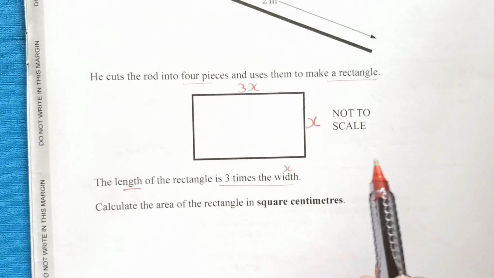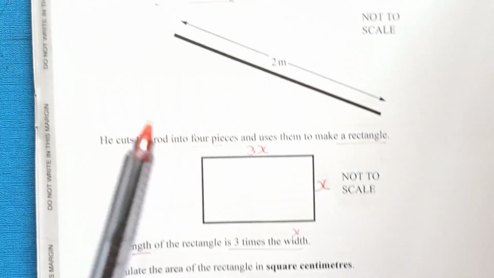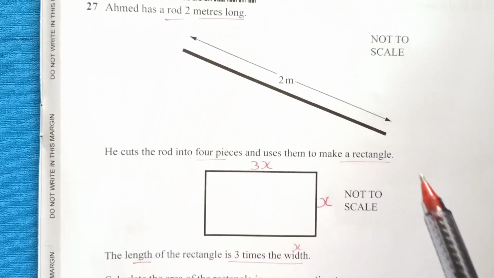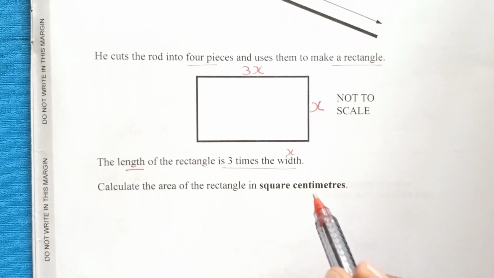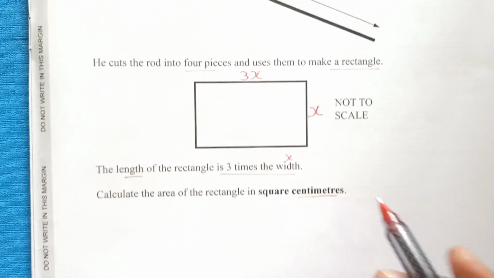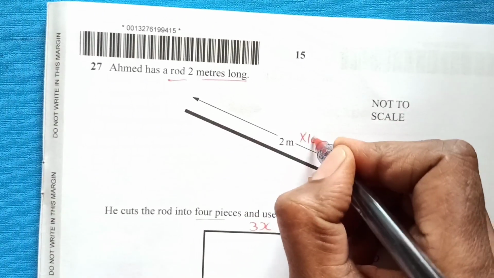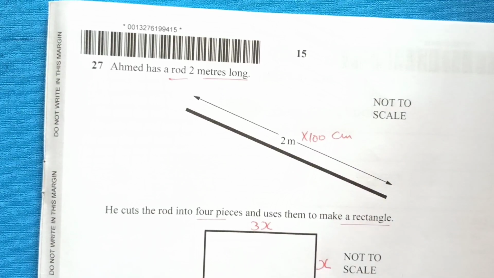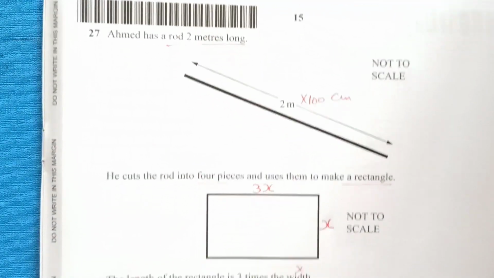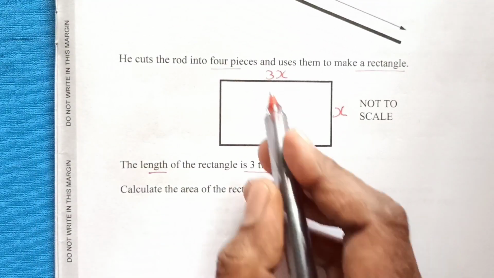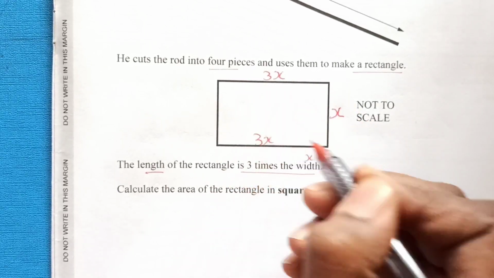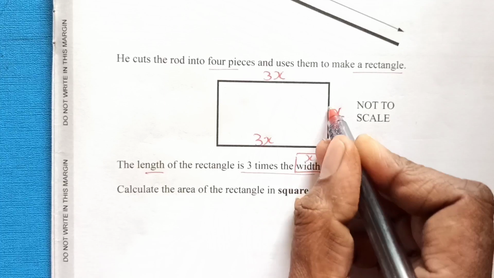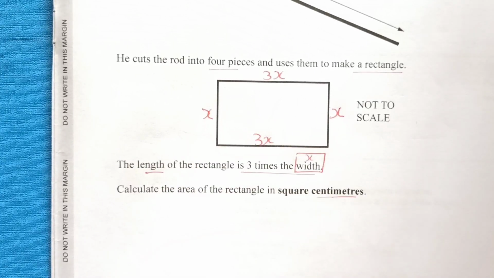But we are given the perimeter. So the perimeter is 2 meters long. We need the answer in centimeters, so 2 meters can be converted into centimeters by multiplying by 100. It will be 200 centimeters. So perimeter will be the length all around. If this is 3x, this is also 3x. And if this is x, this is also x.